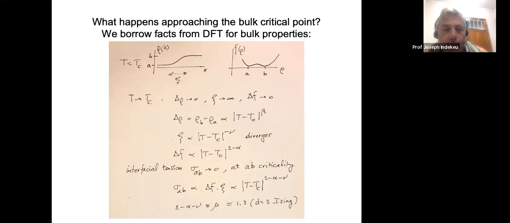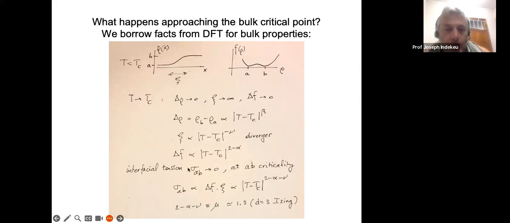And there is a historical reason why there's this 2 minus alpha and not just some other letter. The reason is that if you take two temperature derivatives of this delta F, you obtain the singular part of the specific heat of this system. And that is characterized typically with a weak divergence, and it would vary as T minus Tc to the minus alpha.